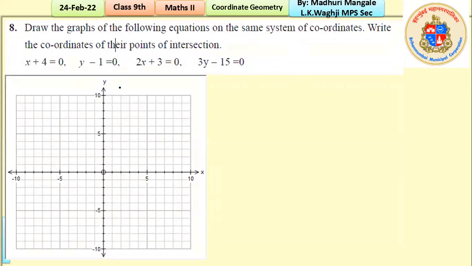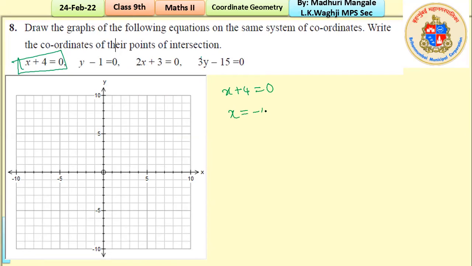Yes, let's do some of these questions. Notice that whenever the equation is in one variable, it will be parallel to one of the axes. Okay, so in this case, let's say we have to graph x plus 4 equals 0. So just get x by itself, get rid of this positive 4. Shifting it to that side, it will become negative 4.